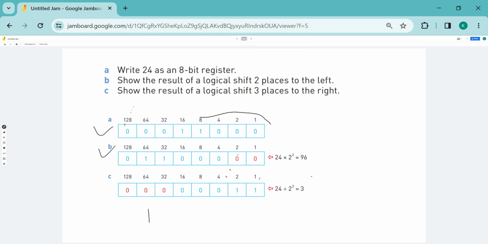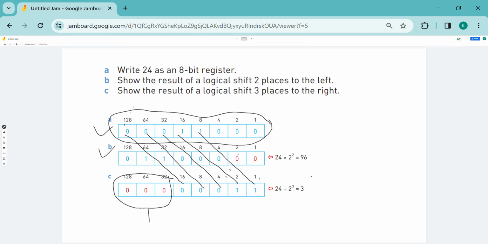Please keep this in mind, we have to implement shifting on this. Now 3 places to the right. So this 1 is going to move here, and this one is going to move here. I'm talking about 3 places. 3 zeros will be dropped, and this 0 will move here and here, and we are left with 3 blank spaces. We are going to add 3 zeros here.